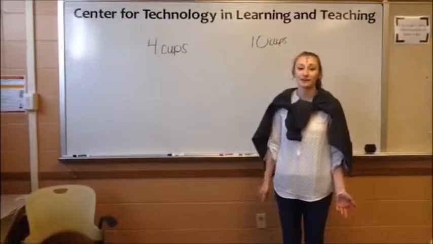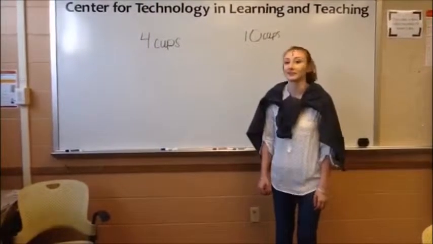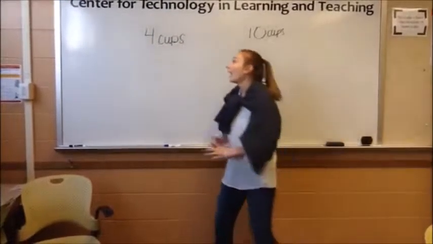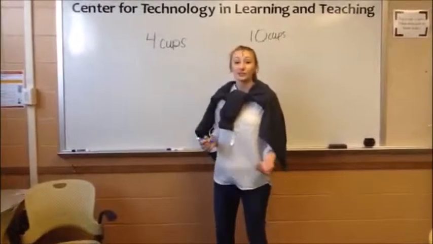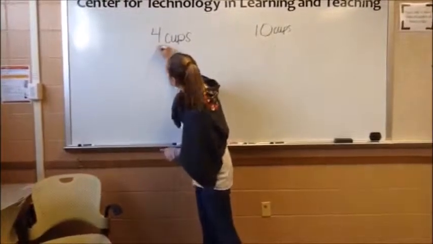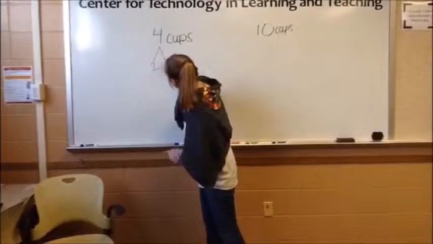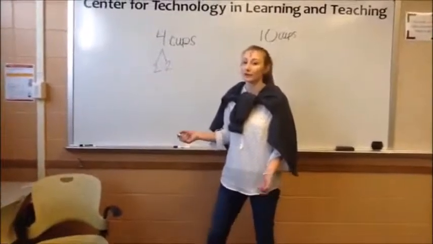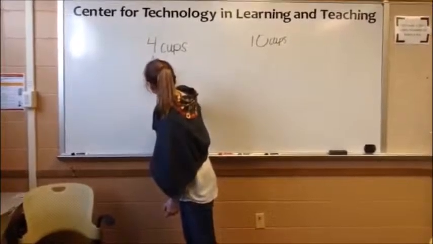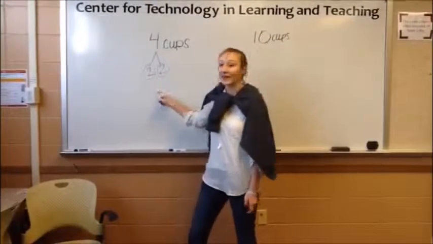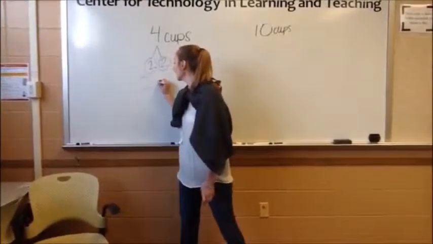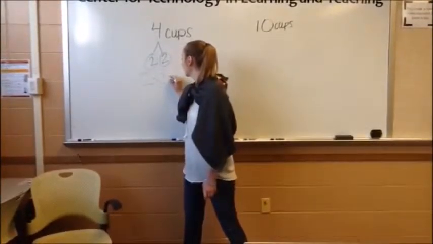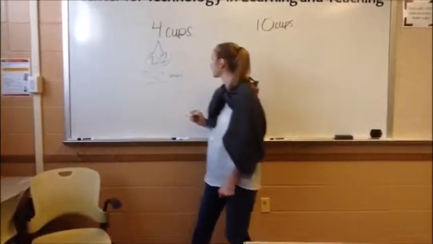Another way we can find the least common multiple is using the tree method again. I know that I can break down 4 into 2 and 2. And again, I know those numbers are prime, so I'll go ahead and circle them so I know that I'm done. And when I write that out, it would be 2 times 2, which equals 4.